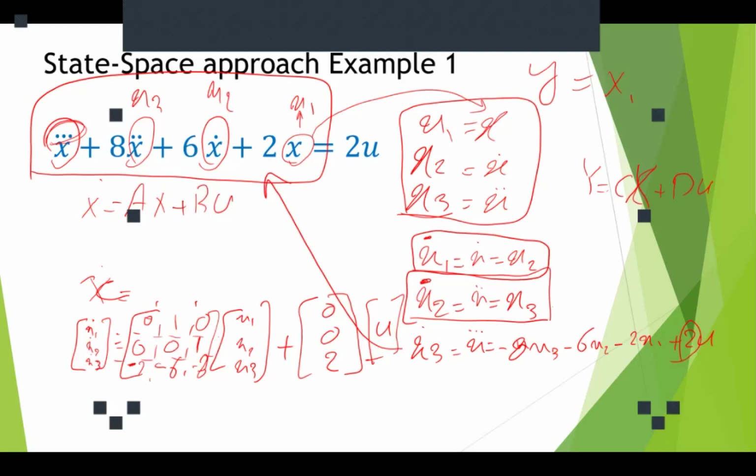Correct? Now, if y is x1, that means x1 is equal to what? It's x1, right? So it doesn't matter. We have the x1. Now, how can we describe x1 based on the x's?